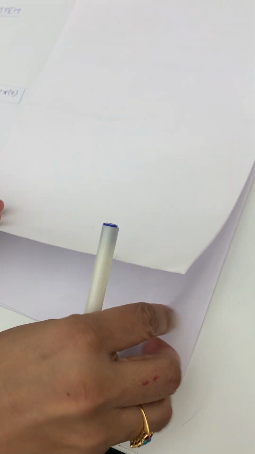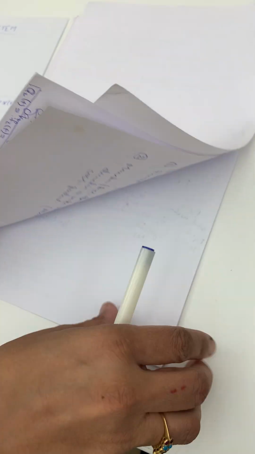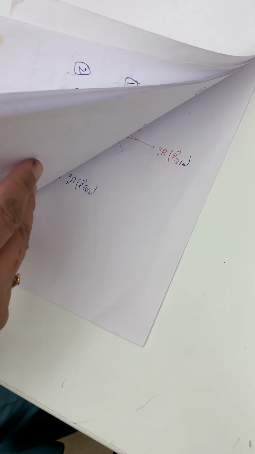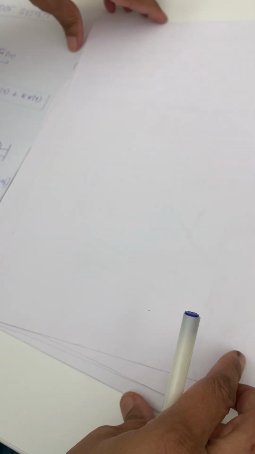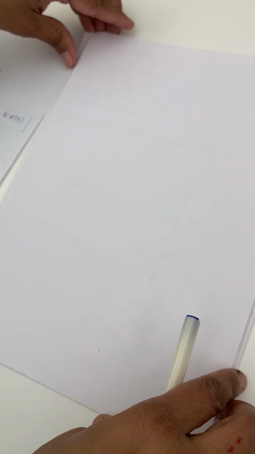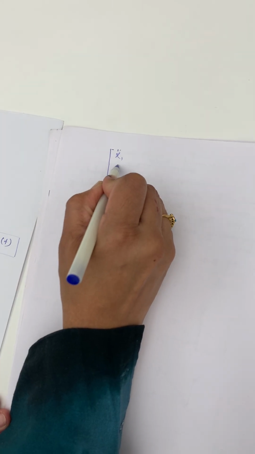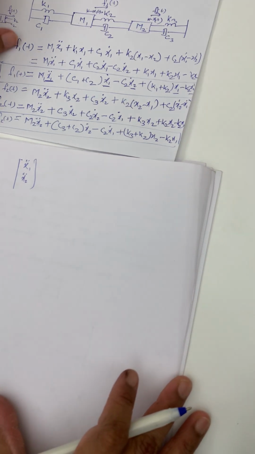So for the matrix form you have two equations. So you can write here x1 double dot, x2 double dot, here are the equations.